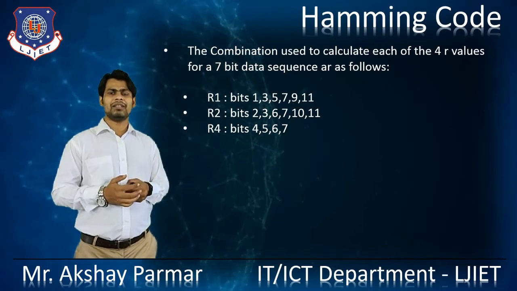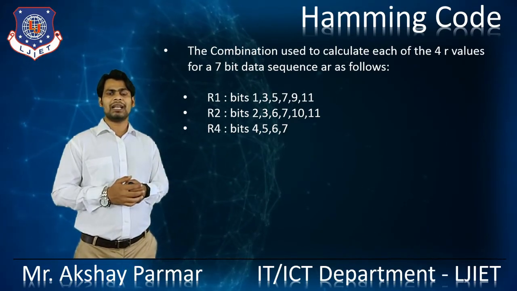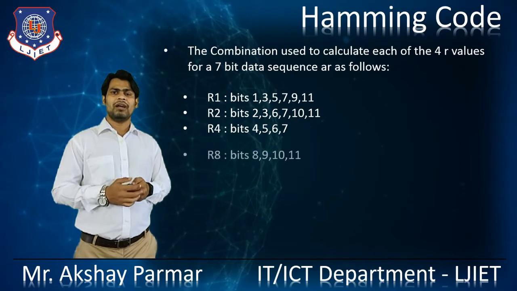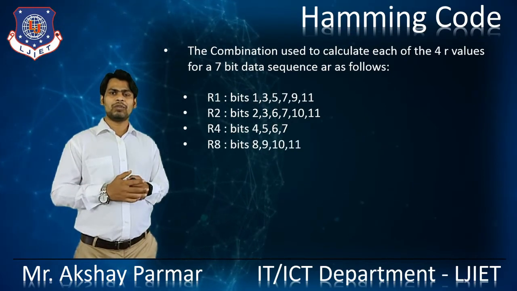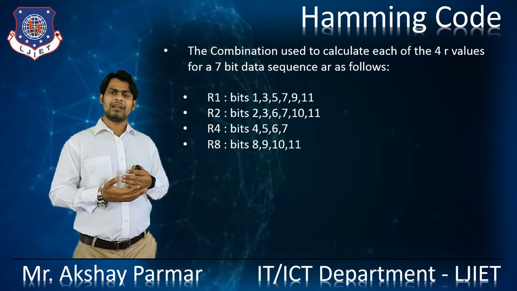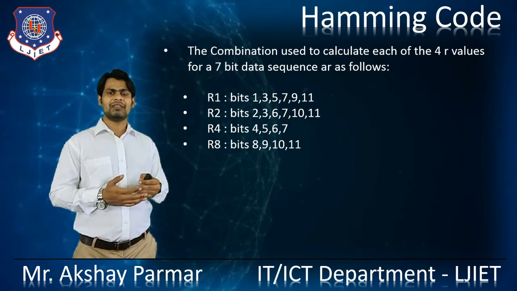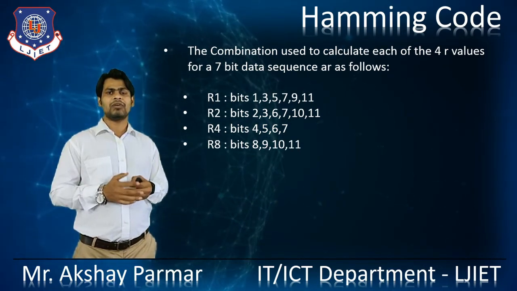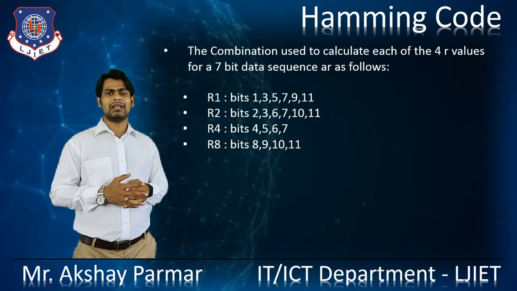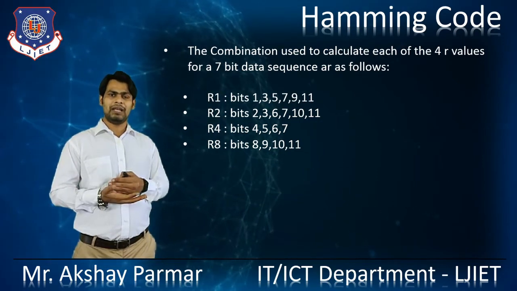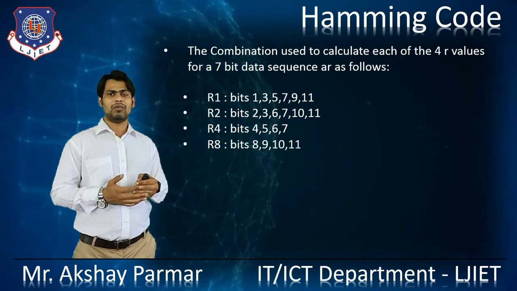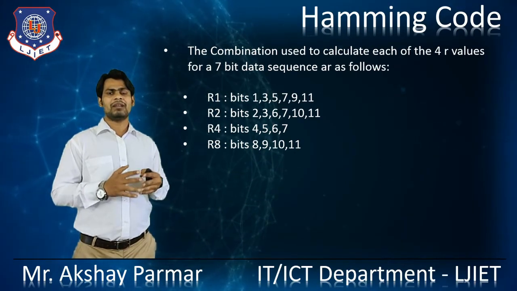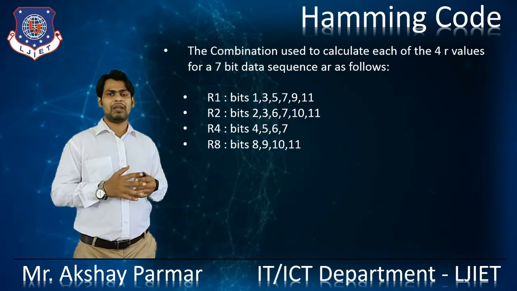Likewise, we select that redundant bit. At the R8 position, we select 8, 9, 10 and 11 to find the VRC of that and select the redundant bit value, right?